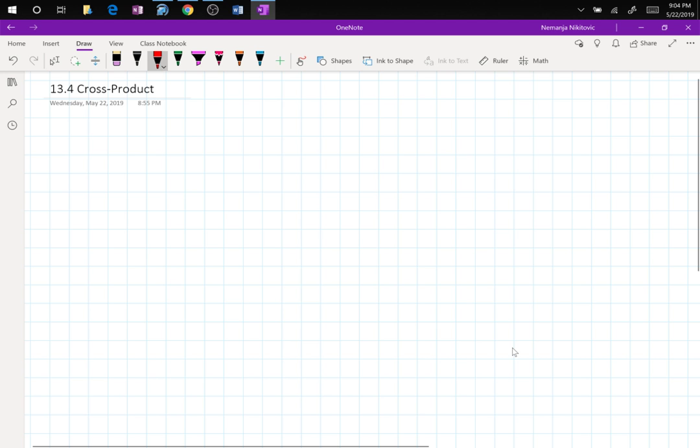So we will only use it for 3D because we don't consider any other dimensions other than 3D, 4D and 2D in this class. So we use cross product for 3D vectors.